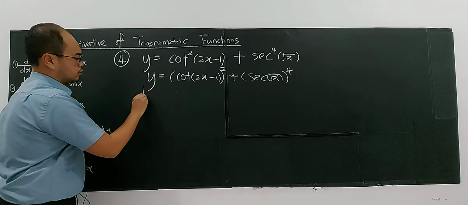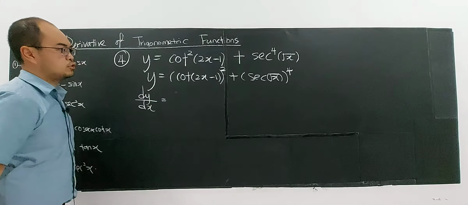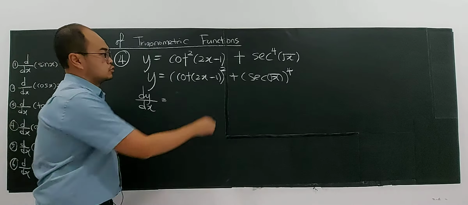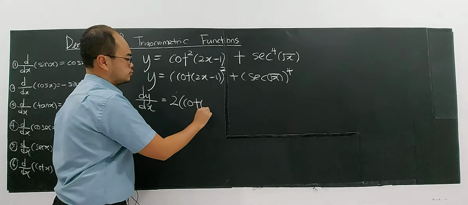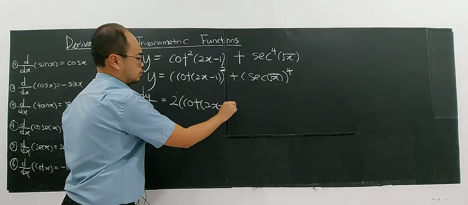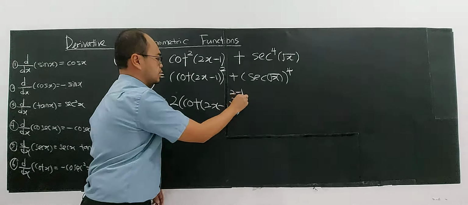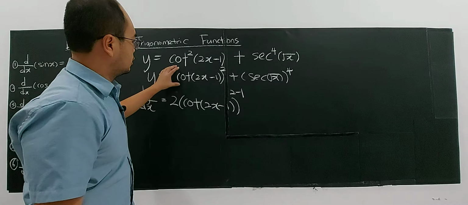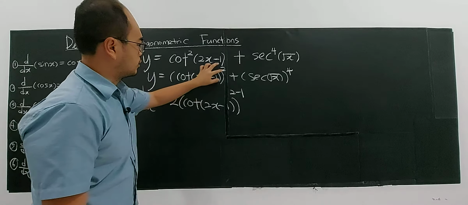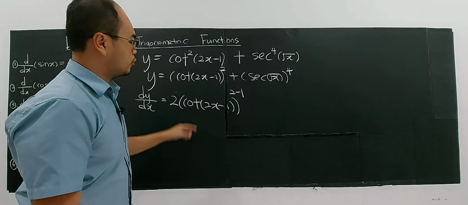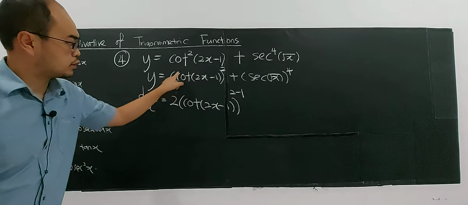Alright, so we have dy dx, differentiate with respect to x. Step 1, bring down the 2. And the 2, you minus 1, right? So this whole thing, you bring down the 2, and this one you copy back, the 2 minus 1. Then only you start looking for the suitable formula to differentiate inside the bracket.